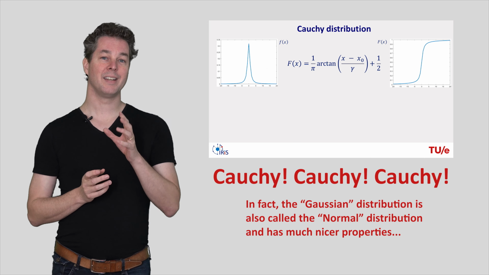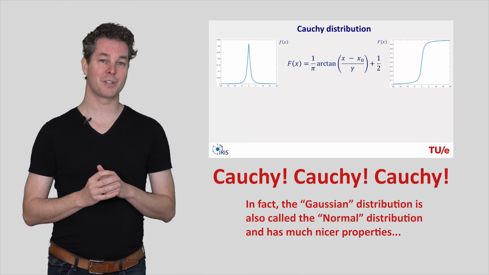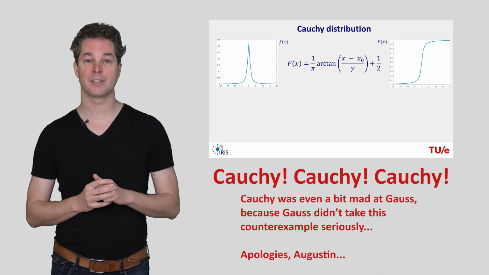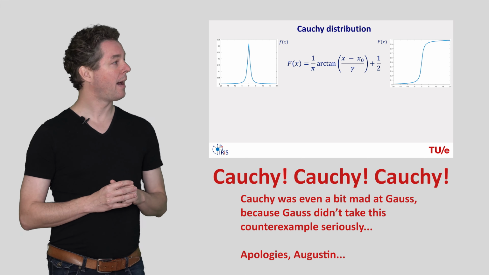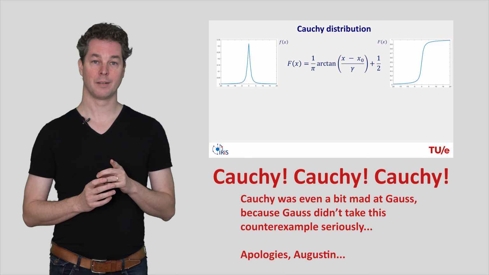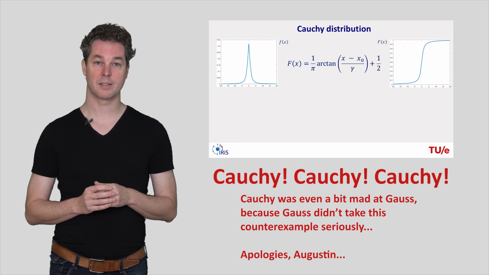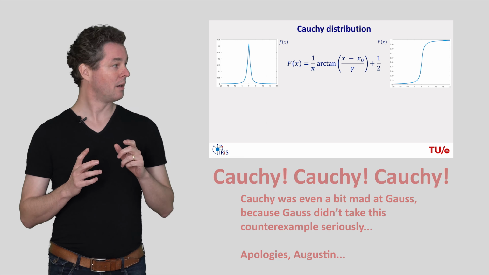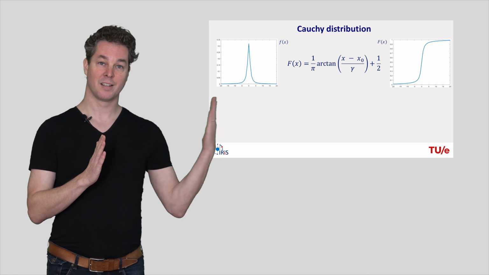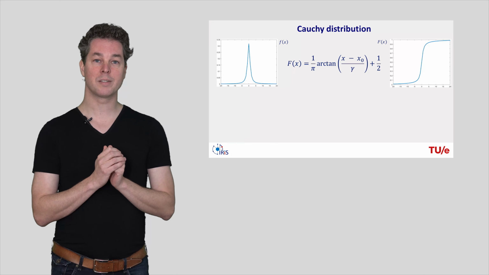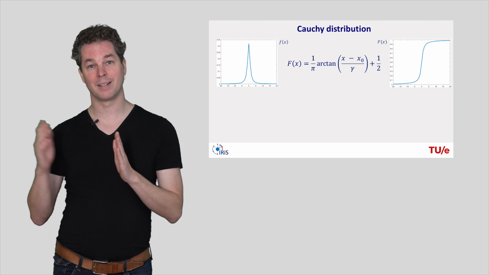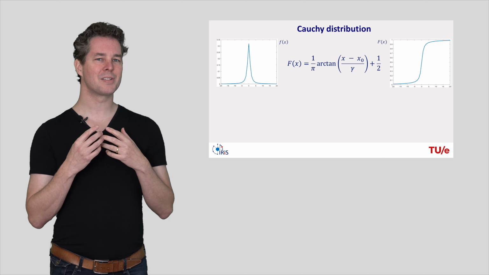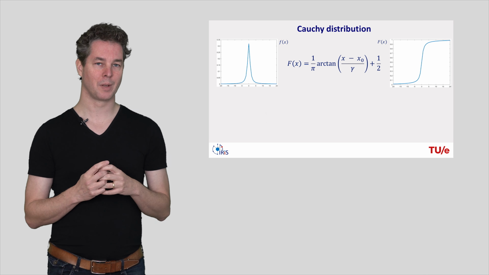Now, the interesting part of this function is that it actually is a distribution. The area under the function adds up to 1. And it has a median that's 0 in this case. The median is that the light shines exactly behind me because the chance that it shines to one side of me is the same as the probability that it shines to the other side. But there is no expected value.